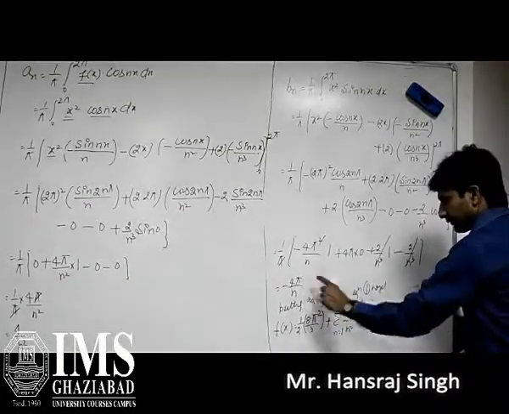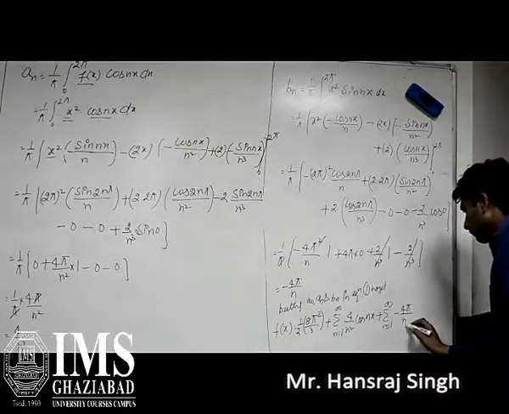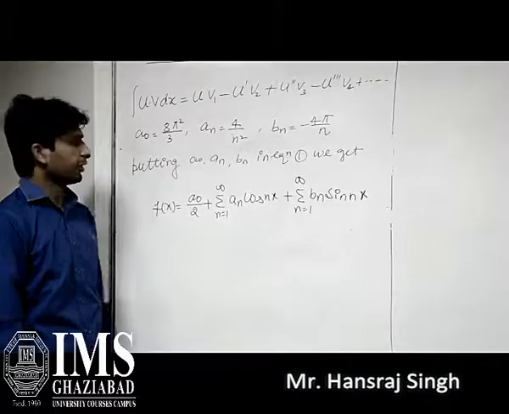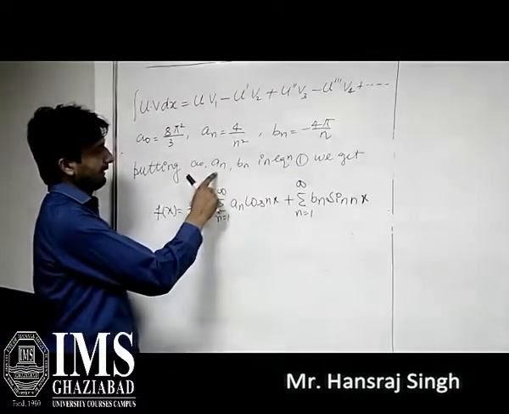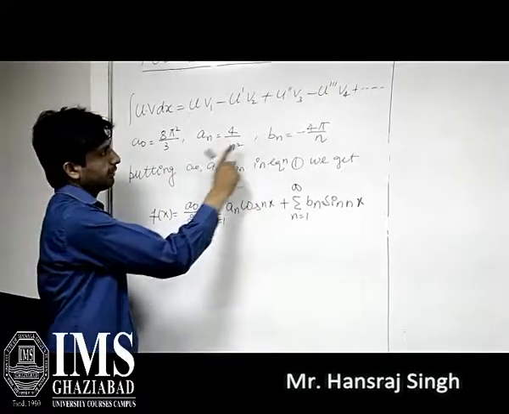Here the value of bn is minus 4 pi upon n. So putting the values of a0, an and bn in equation 1, this is the value of a0, this is the value of an, this is bn.